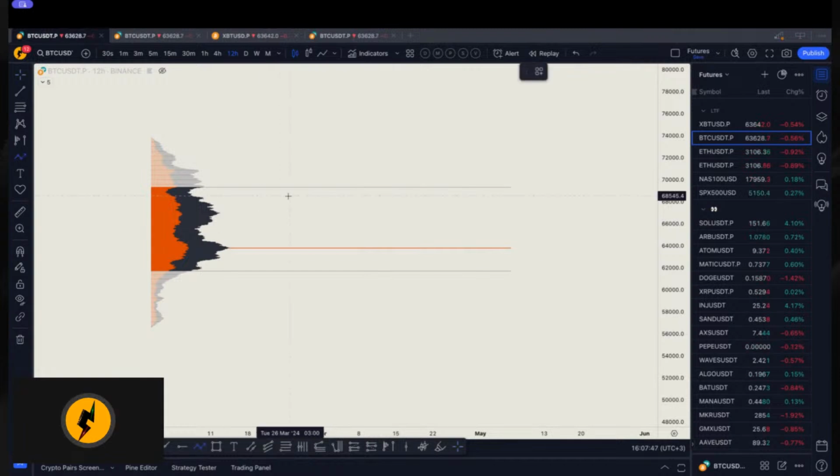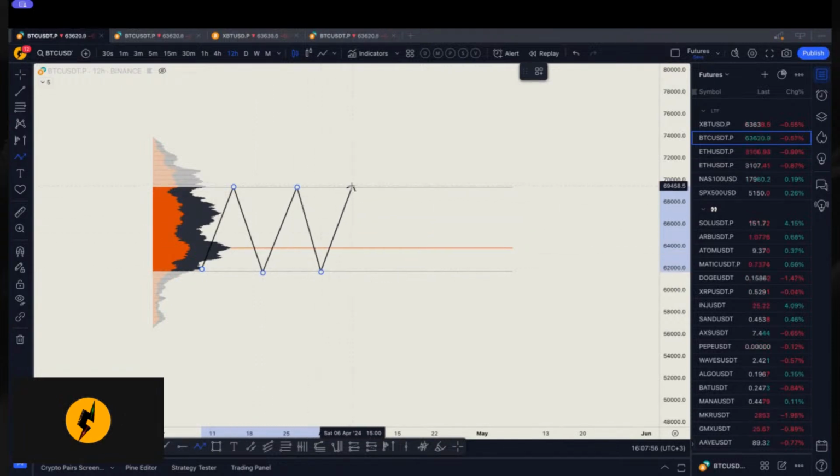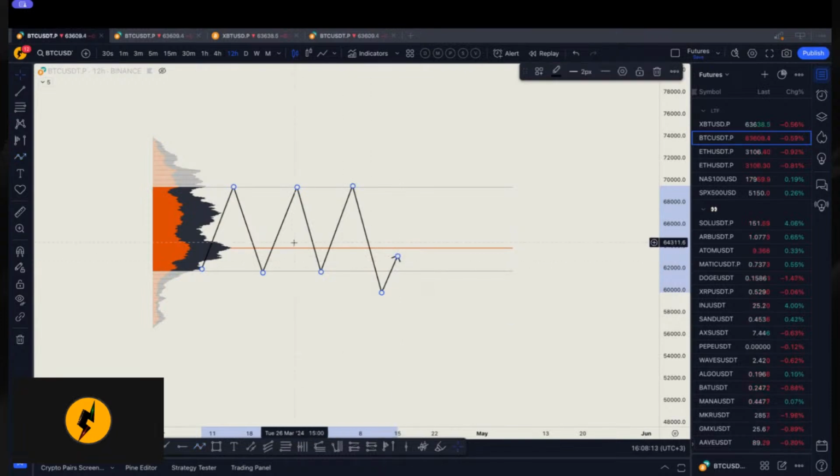So yeah, when we have a range and the market is kind of balancing in our profile, it's kind of ranging basically. When you get a deviation out of this value area of the volume profile, if you really think about it, it means that the market participants have agreed that this is the range for this amount of time.